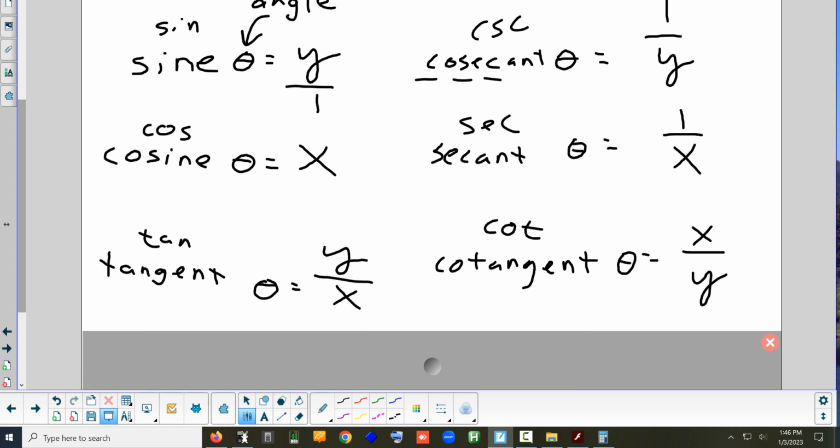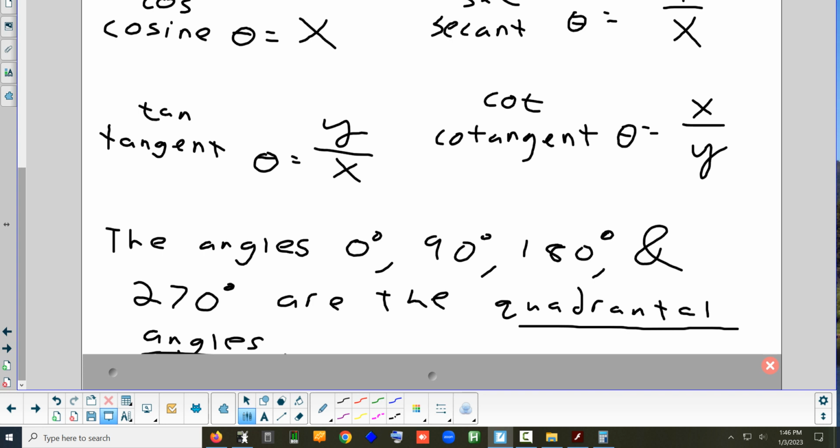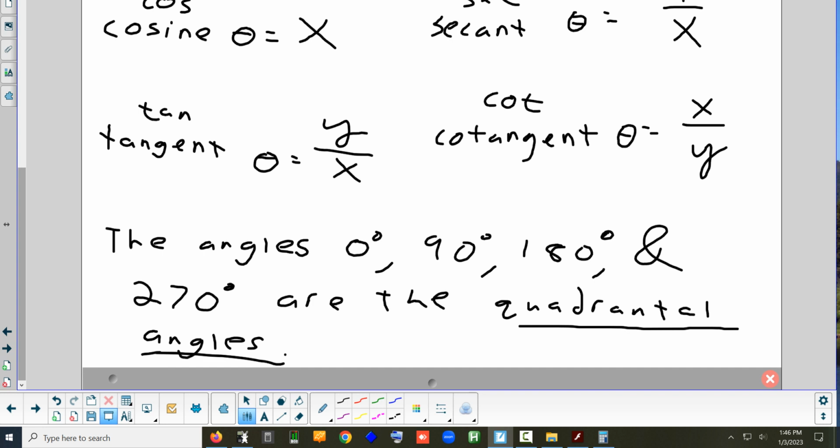And the four angles we talked about so far are 0, 90, 180, and 270. Those four angles are all on the xy axis. And the xy axis divide the coordinate plane into 4 quadrants. That's why we call these angles the quadrantal angles.